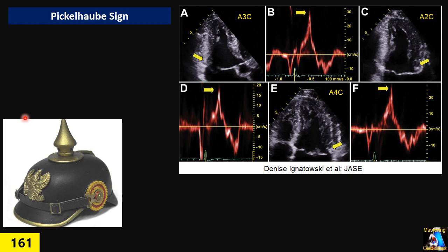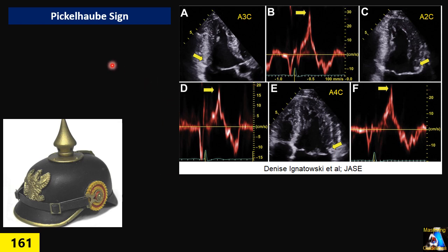Another parameter that is positive in a patient susceptible to malignant mitral valve prolapse is high velocity of the annulus in tissue Doppler.